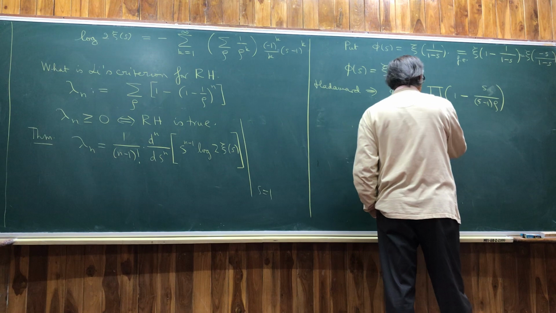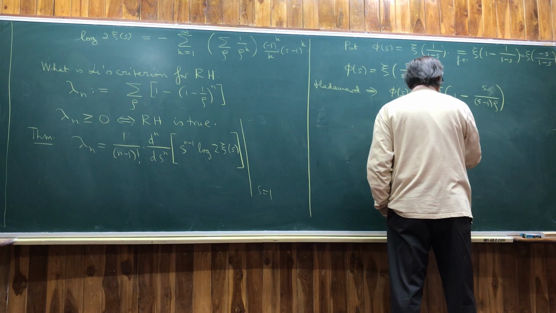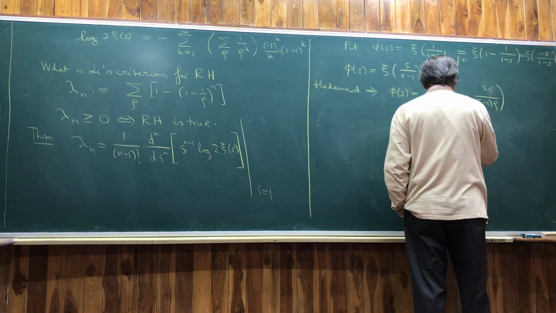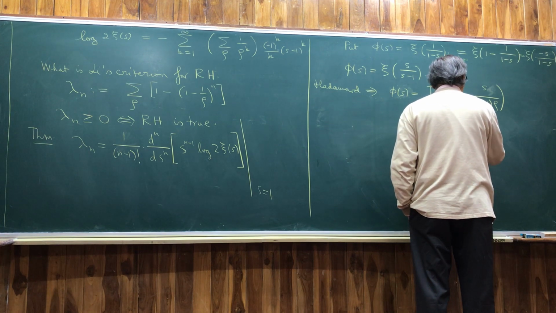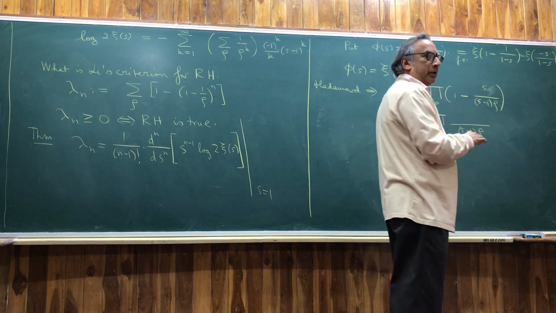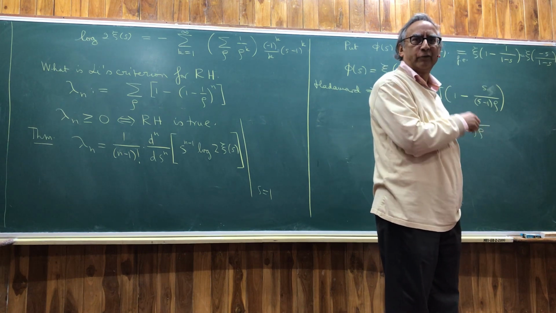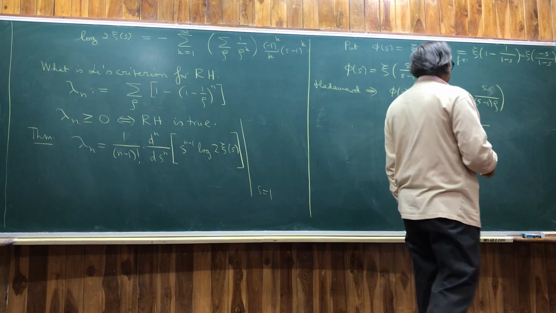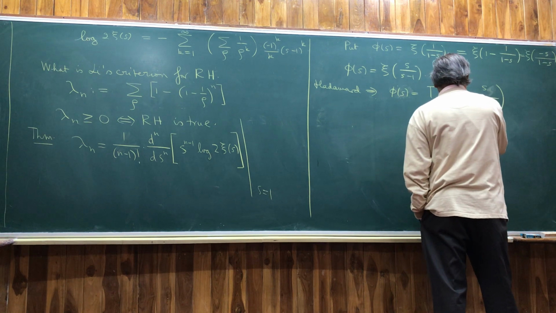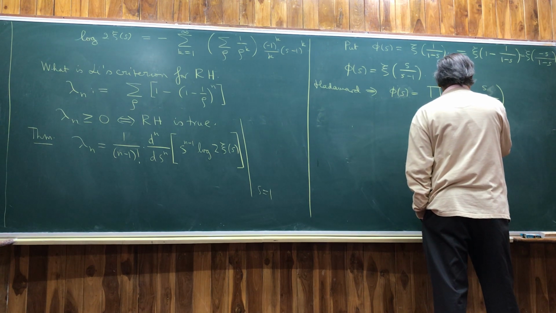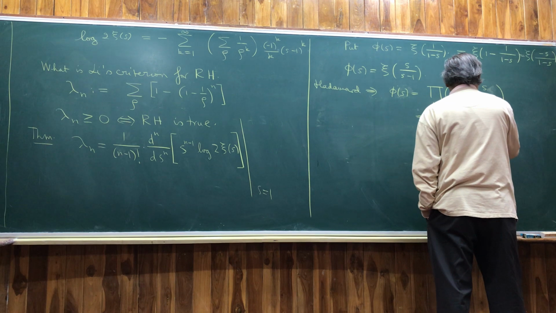I kind of did this yesterday. I'll do it again. So you have s minus 1 rho. Don't worry about convergence. As I told you, it can always be justified by pairing rho and rho bar all the time. So you have s rho minus rho minus s.